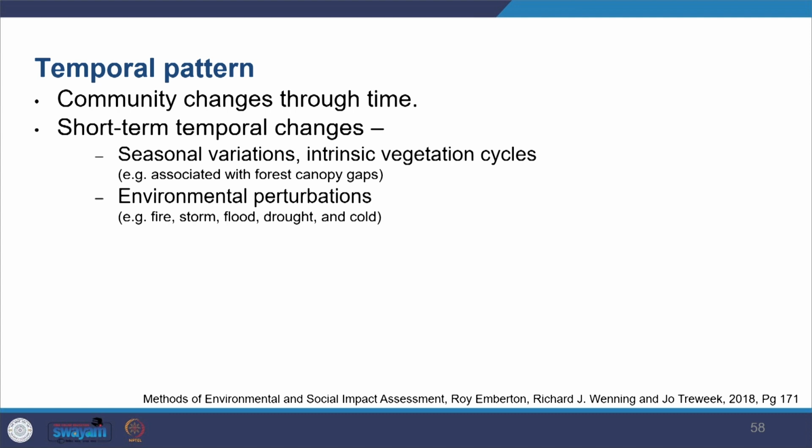These are easily identifiable. These short-term changes are not very much of concern, but then there can be environmental alarms like fire, storm, flood, droughts and cold. These would also have an abrupt pattern.